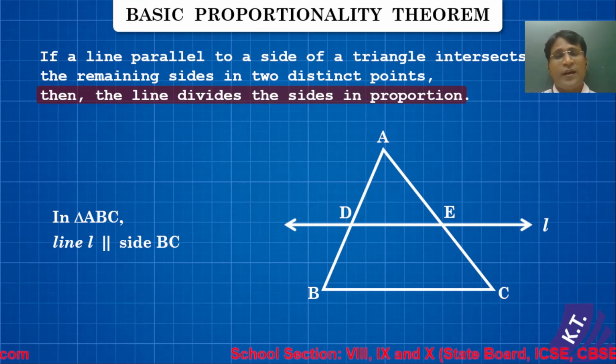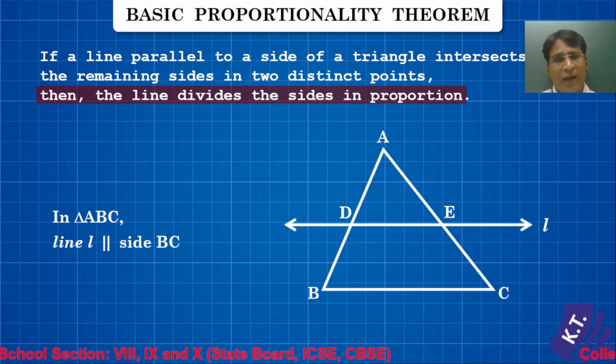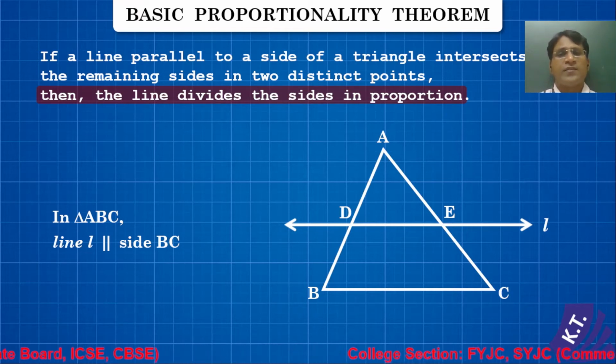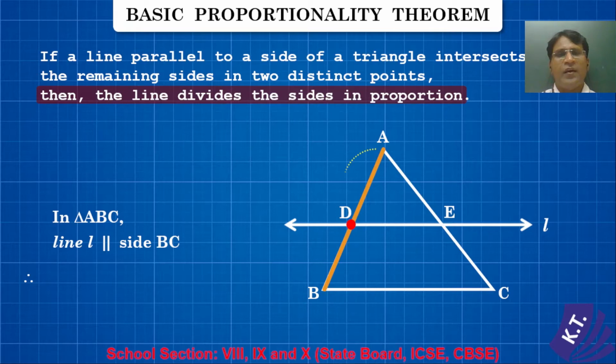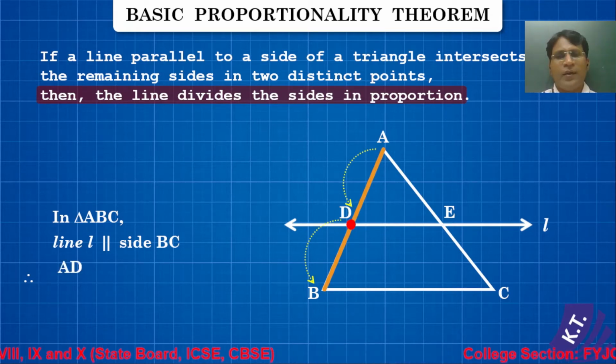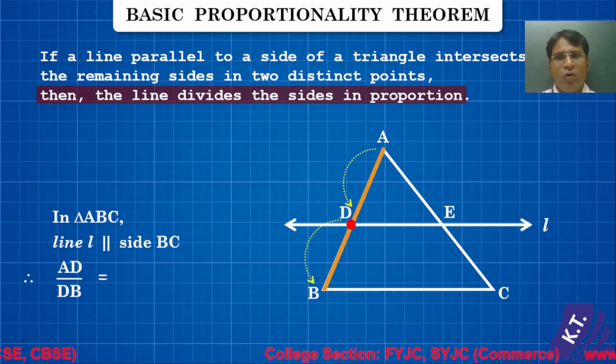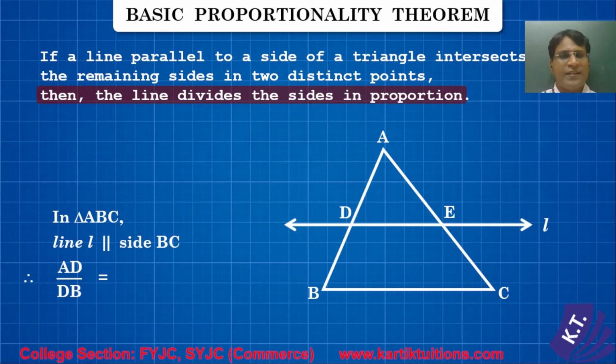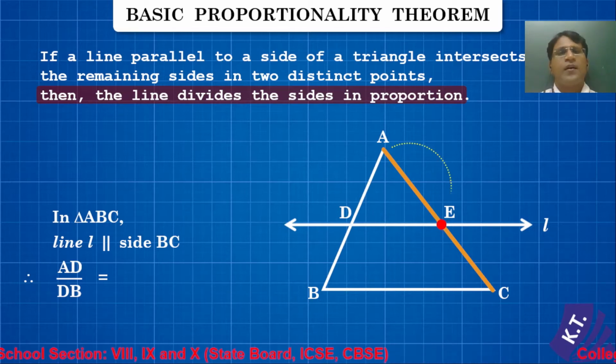So now first, let us understand what ratio you will get. If you observe the side AB, line L is intersecting AB at point D. So the ratio you get is AD upon DB is equal to the other side AC, and line L is intersecting AC at point E. So the ratio you get here is AE upon EC.